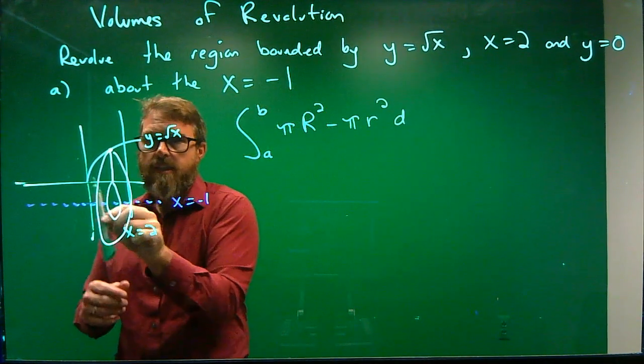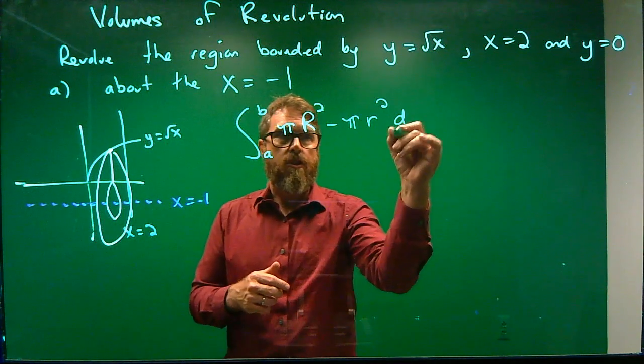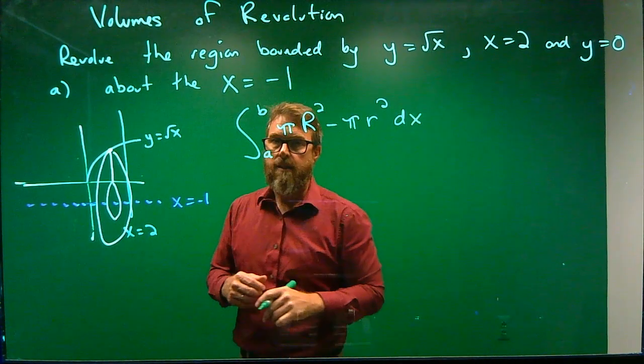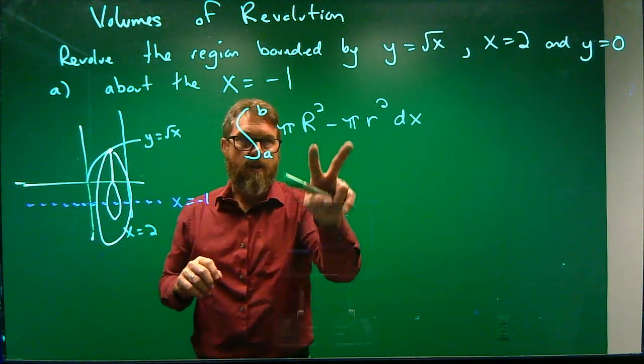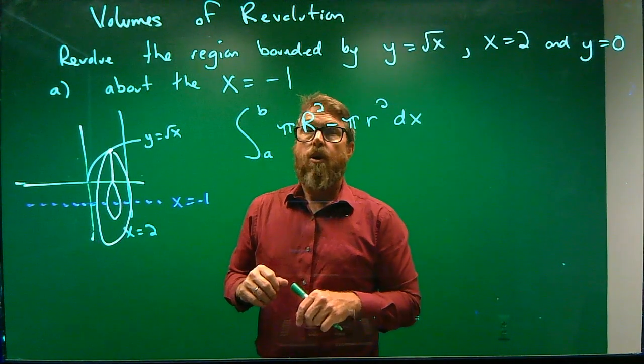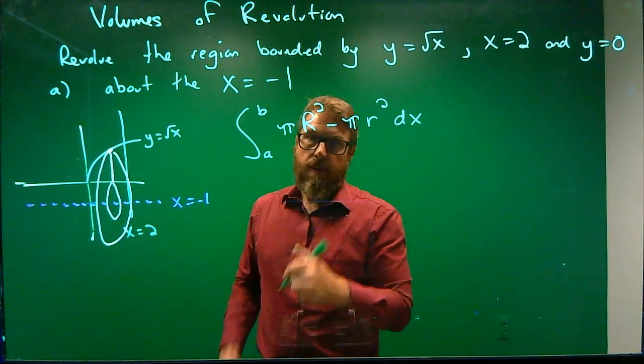We can see that this washer is sliding in the x direction, so this is going to be dx. Now, this is nothing more than big disk minus little disk. That's all that represents there. So these radii are what we're going to have to pay attention to.